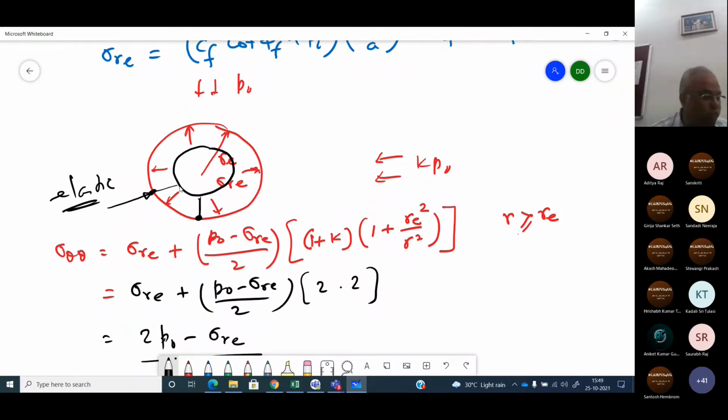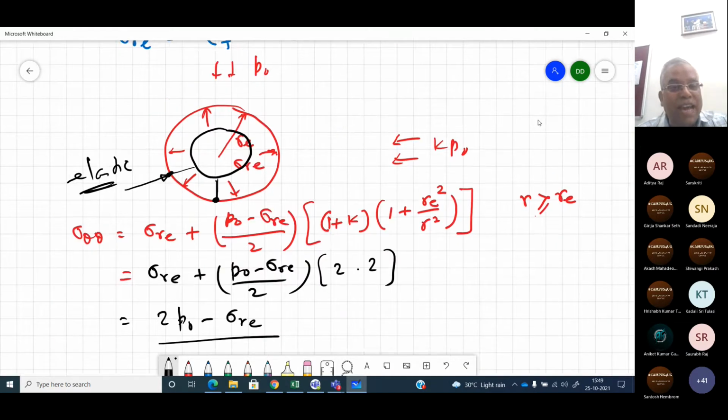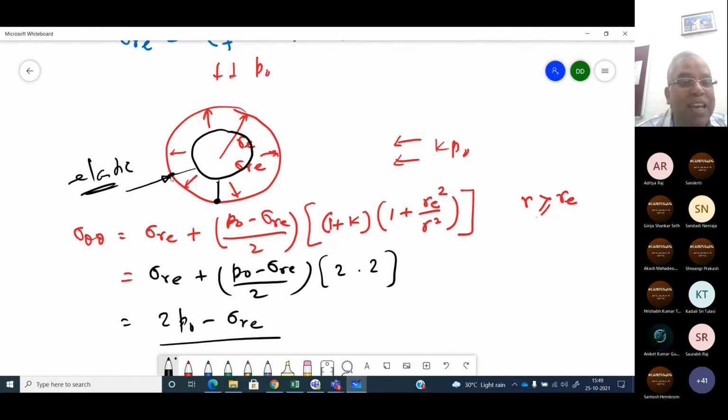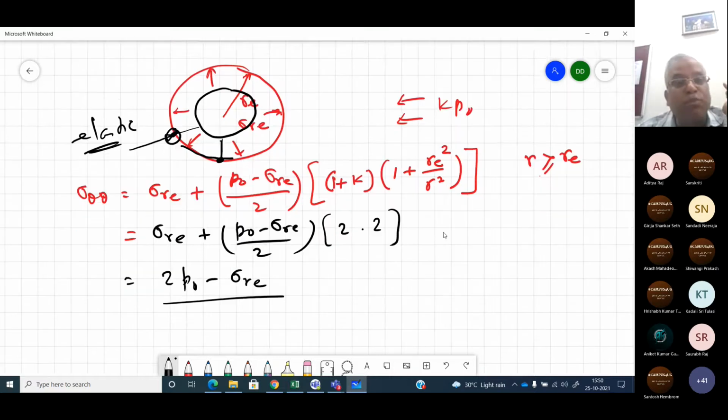This is what I am trying to find out. Now you see what Mohr-Coulomb has said. Again I will go to the Mohr-Coulomb. According to Mohr-Coulomb, this point or any point on this line is the last circle where Mohr-Coulomb is satisfied.